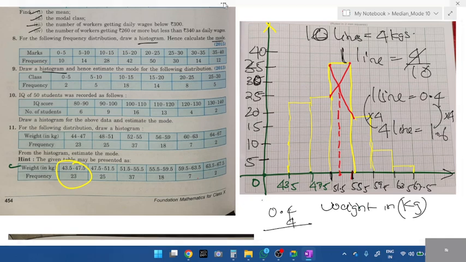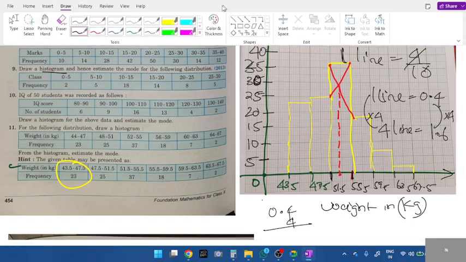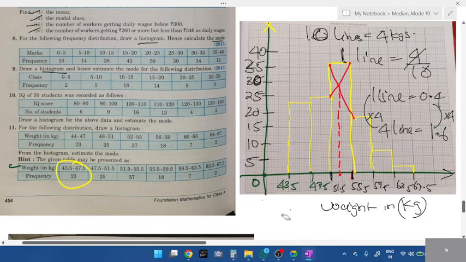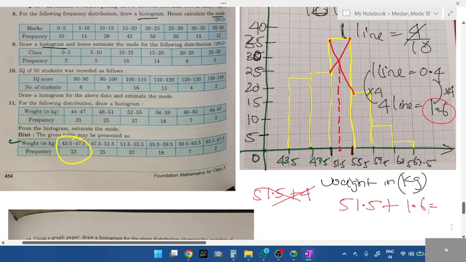So what is that 4 lines value? Instead of marking 4 lines, what value do you have to write? 1.6, right? It is not 51.5 plus 4. This is wrong. It is 51.5 plus, what is that 4 lines value? 1.6. So what's the answer?